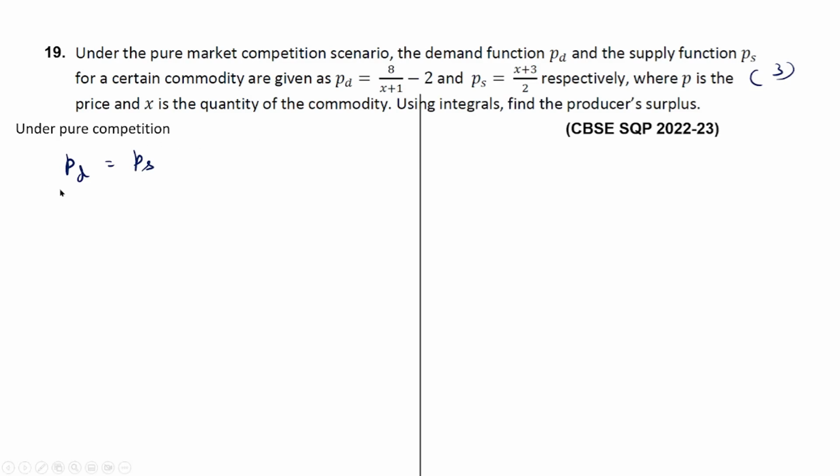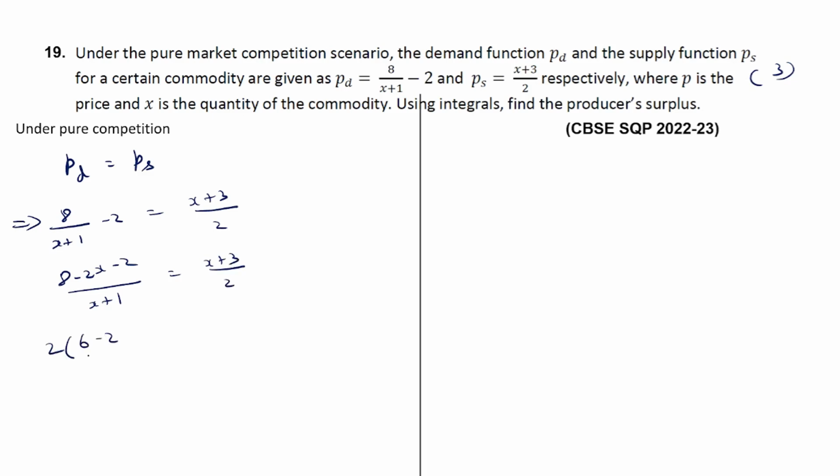As a result, we have PD equal to PS. From this we get 8 by x plus 1 minus 2 equal to x plus 3 by 2. Let us take LCM and simplify. So here 8 minus 2x minus 2 upon x plus 1 equal to x plus 3 by 2.